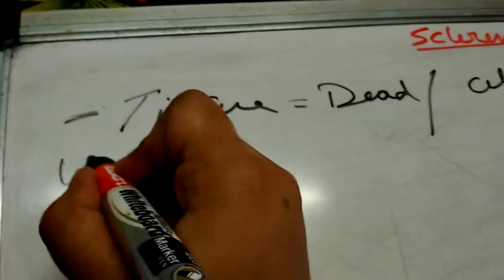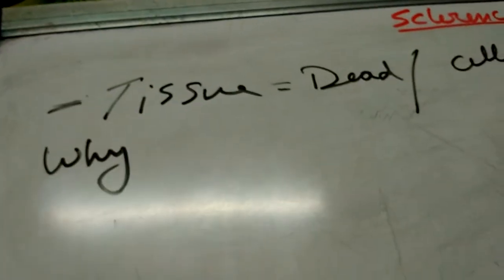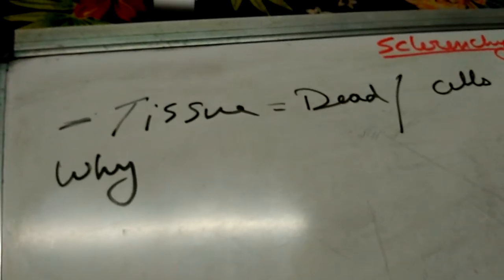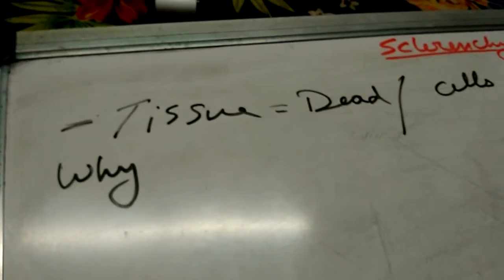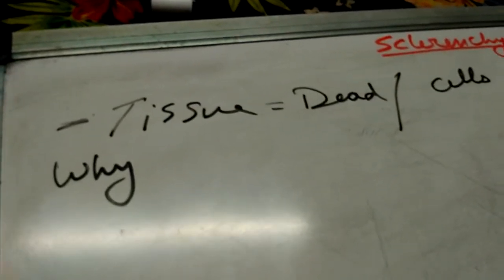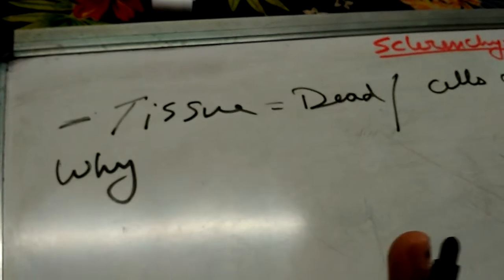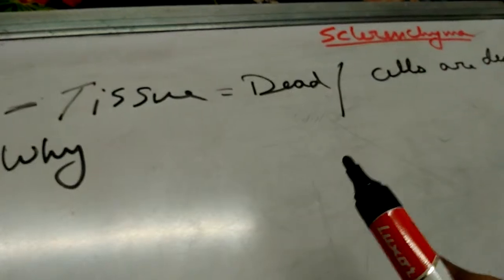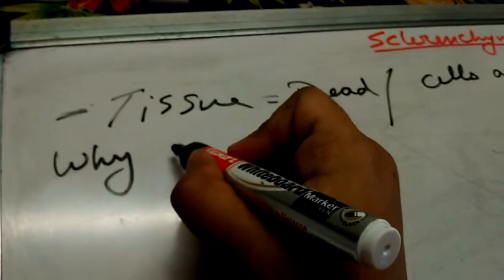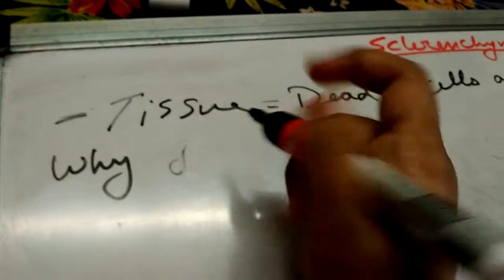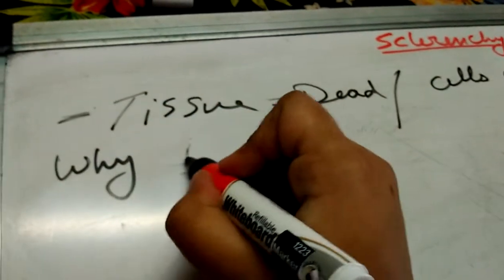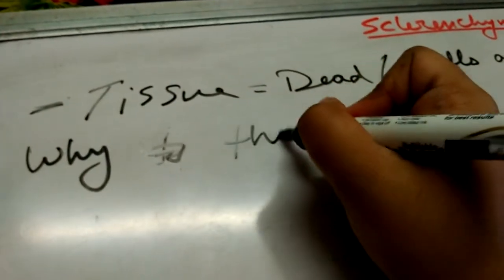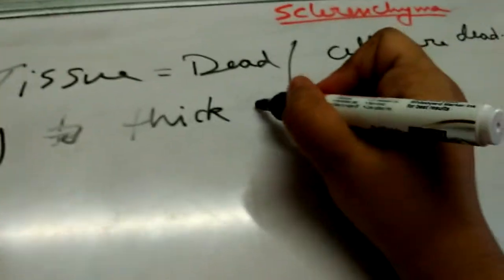Why? If you recall, I have already defined this in my previous video: if a particular cell is dead, then it is meant to have a very thick wall. So the reason behind the dead cells forming this sclerenchyma tissue is thick walls.